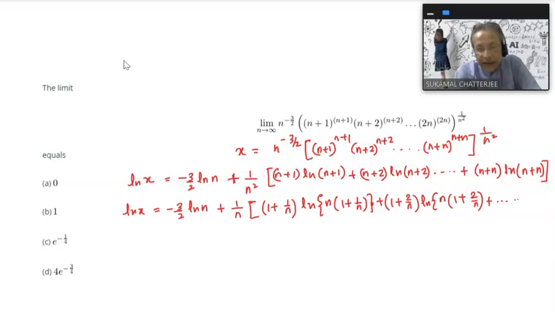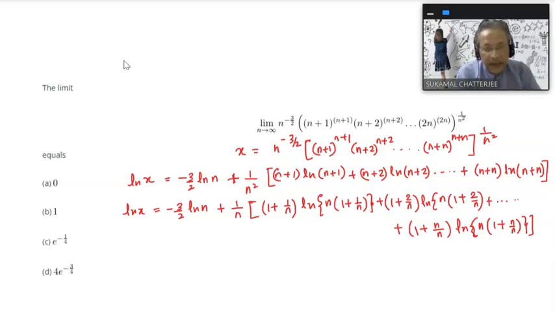So the last term will be 1 plus n upon n ln of n into 1 plus n upon n.